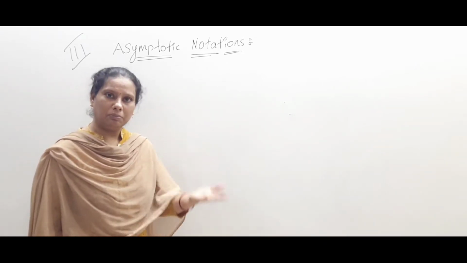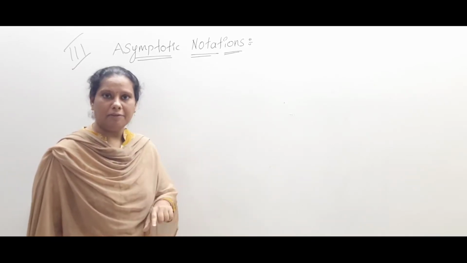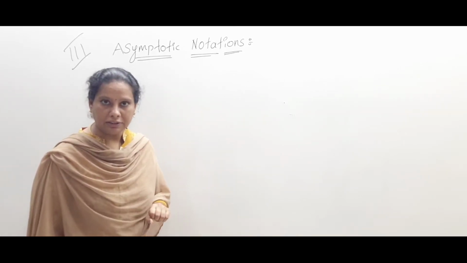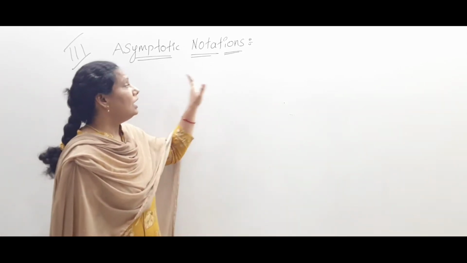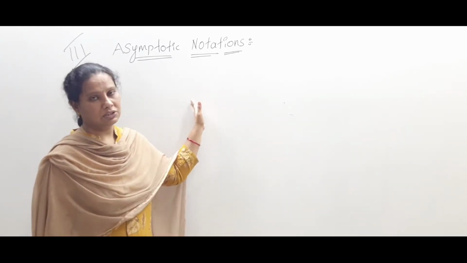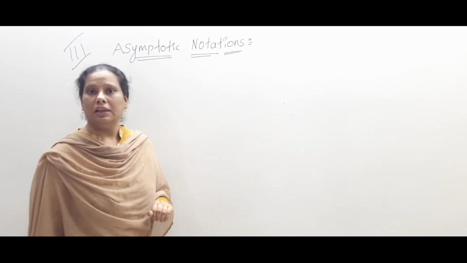If you want to represent distance, we represent in meters, kilometers, like that. Same way, to represent the time complexity of an algorithm, we take the help of the asymptotic notations. So you can say that notations are nothing but part of the time complexity of an algorithm.